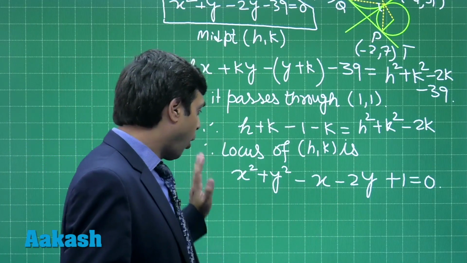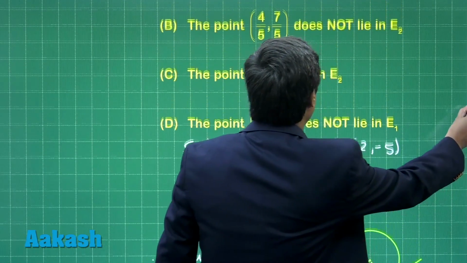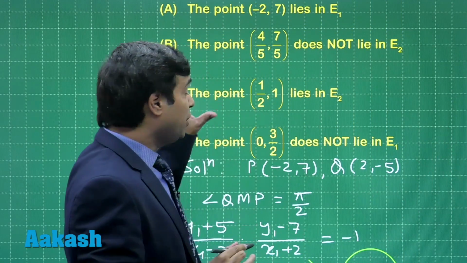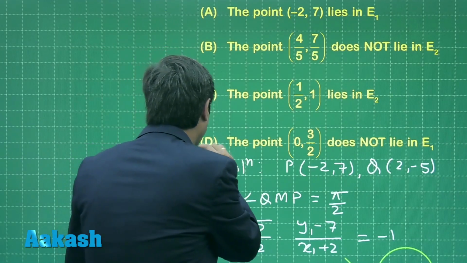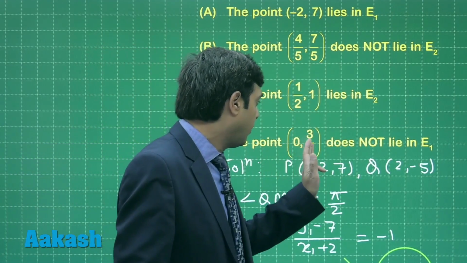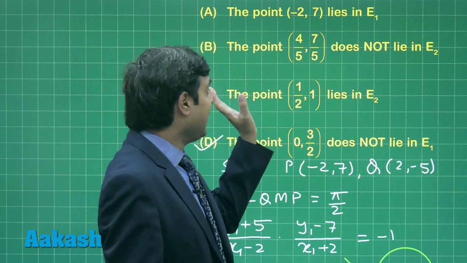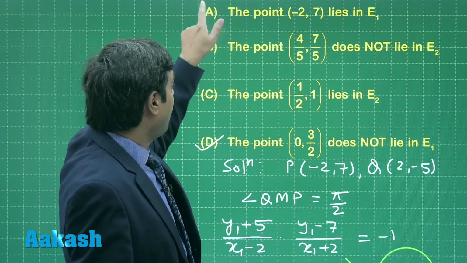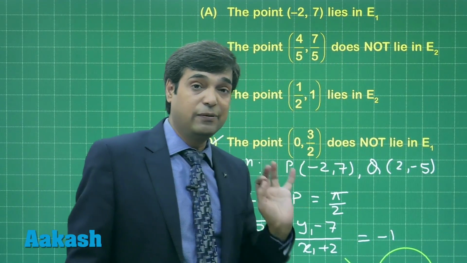Now, checking with the 4 options which are talking about points in E1 and E2. When we put these points in the loci we obtained for E1 and E2, we observe that option D is correct, as it says the point (0, 3/2) does not lie in E1. Now, options A and B are pretty interesting ones. Option A says the point (-2, 7) lies in E1.